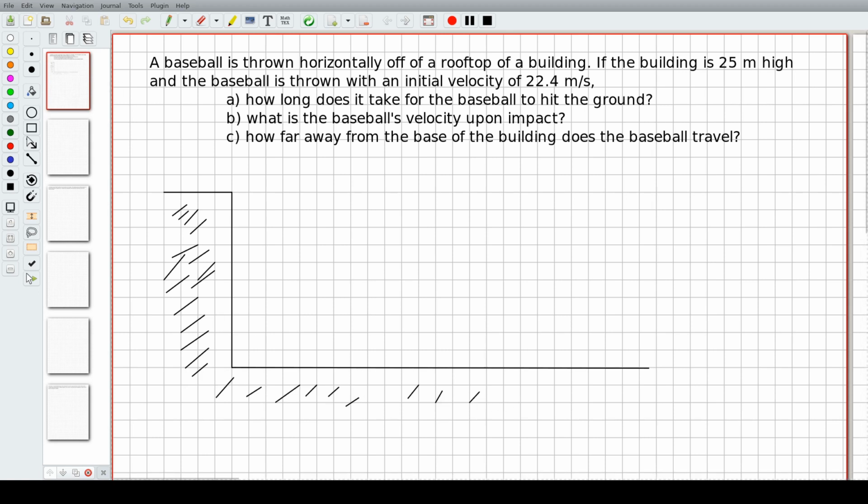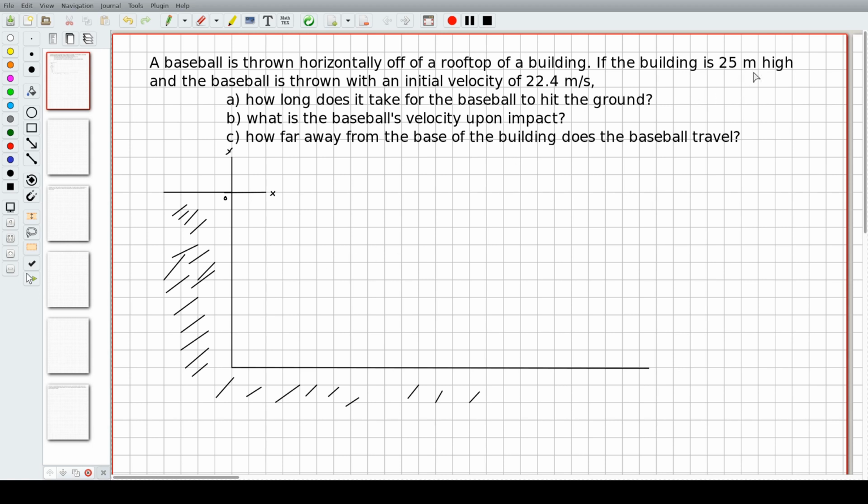Okay. So anyway, if this is the top of your building, I propose that we put our coordinate system's origin there because that's where our baseball is going to be thrown from. So here is the y-axis, here's the x-axis, here's the origin.